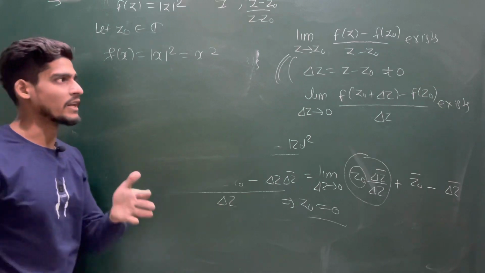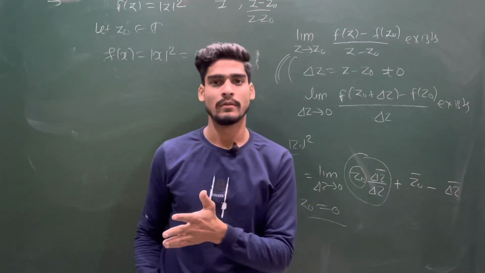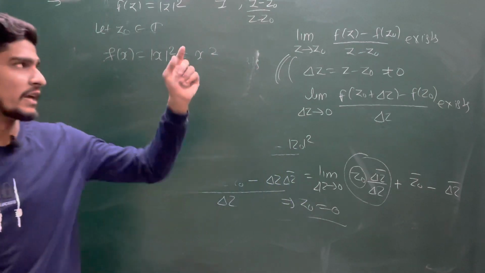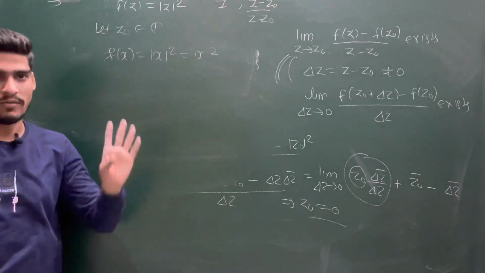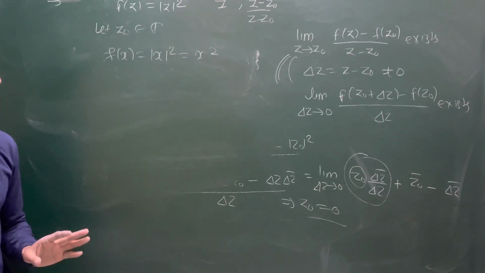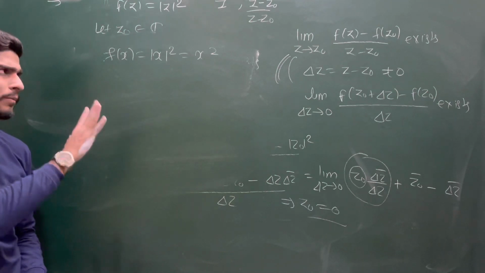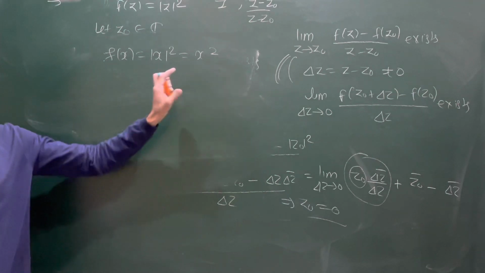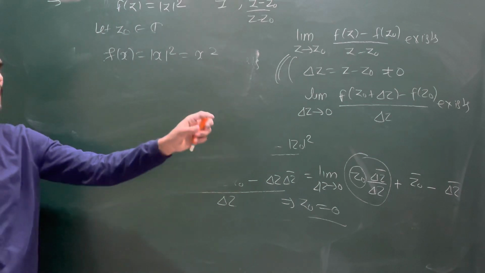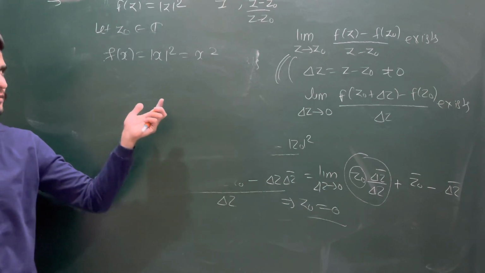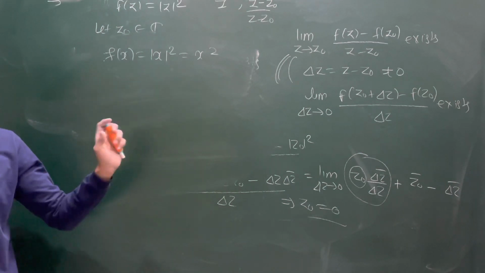So you cannot relate your complex property with the real property, because real differentiability is different, complex differentiability is different. But once you are comfortable with complex differentiability and complex properties, you will be very comfortable in this topic. You may easily do a good score in any exam.